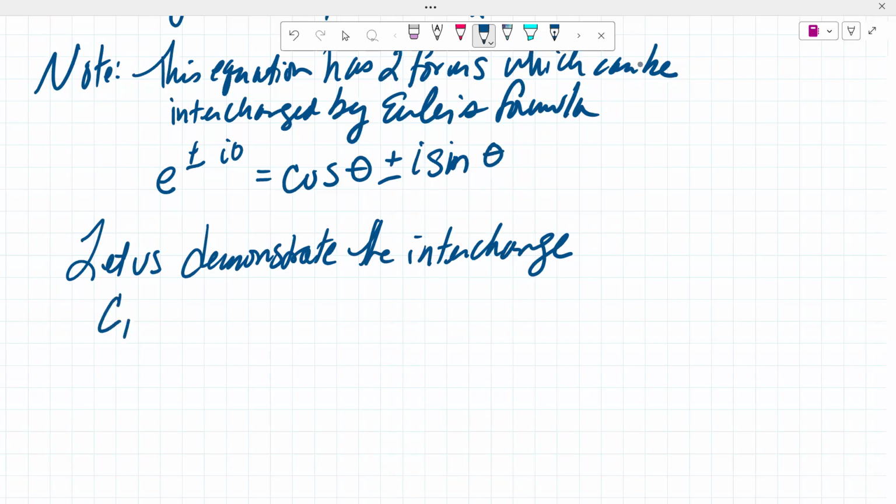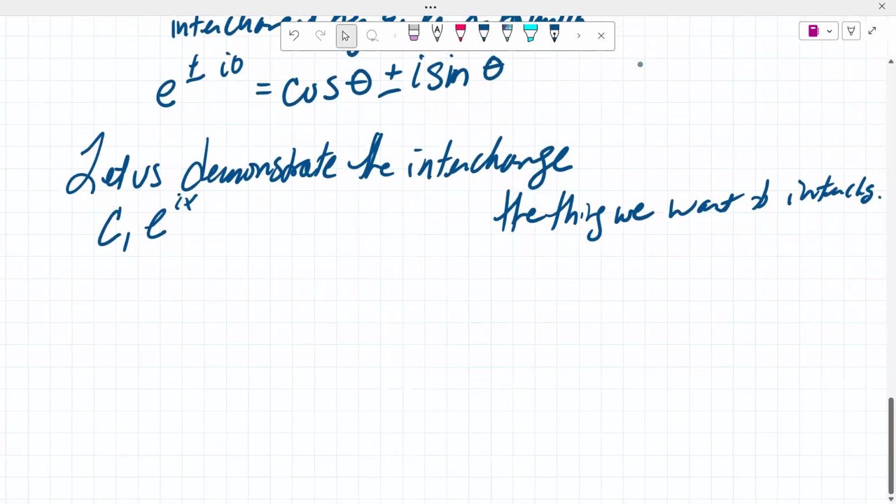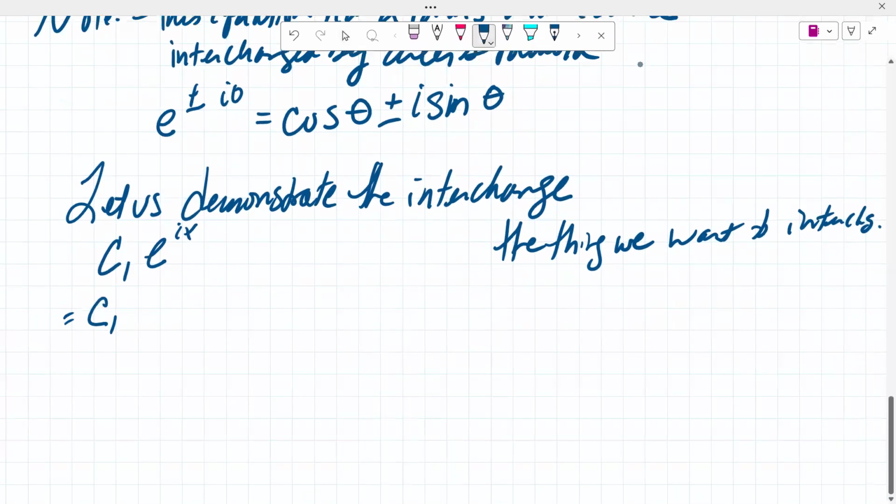C1 e to the ix. This is the thing we want to interchange. So C1 e to the ix is equal to C1, the constant stays the same, times e to the ix.